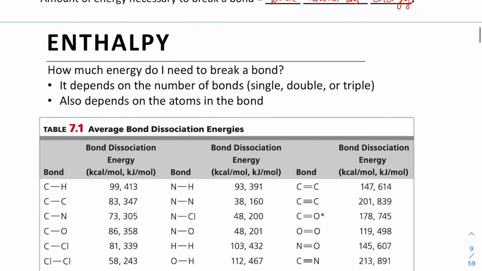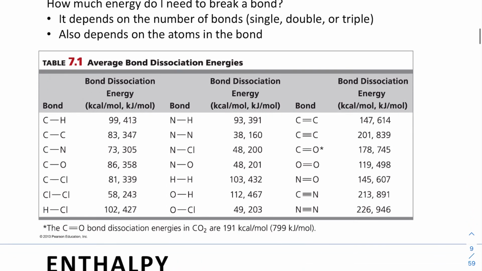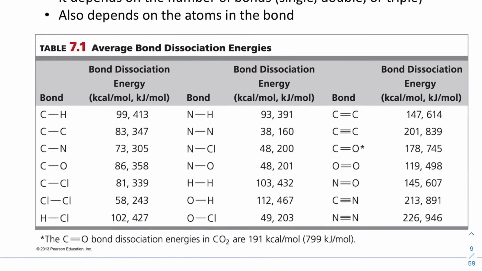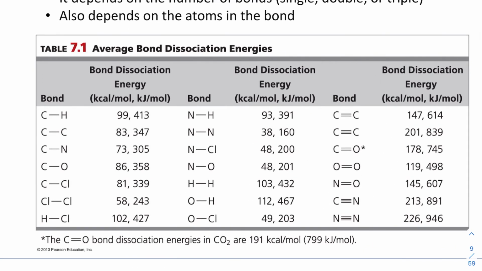And there's a whole table down here where these have all been calculated for different bonds. So people have taken the time. Now this is not an all-inclusive table, but it does show a lot of different bonds between different atoms, single bonds, double bonds, and triple bonds, and the amount of energy related to that particular bond.